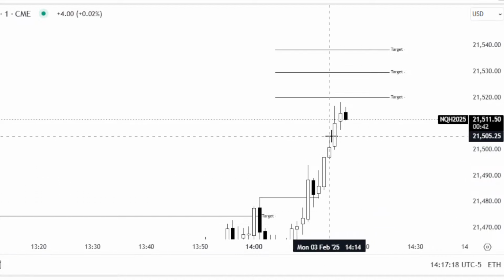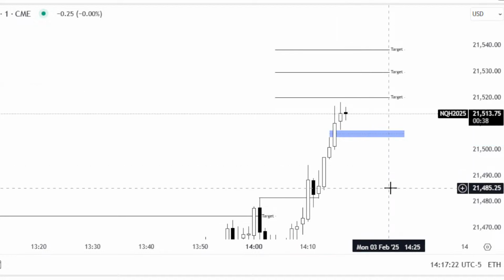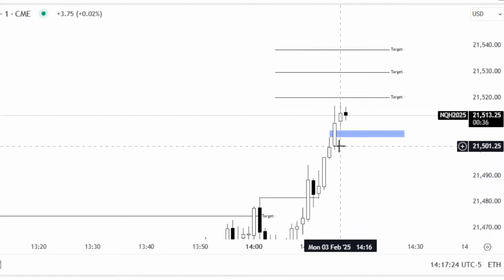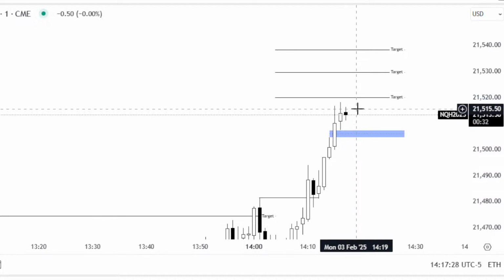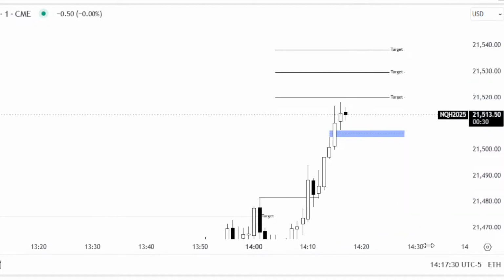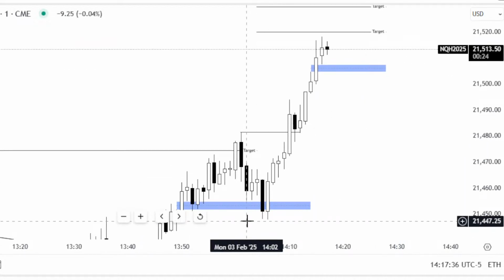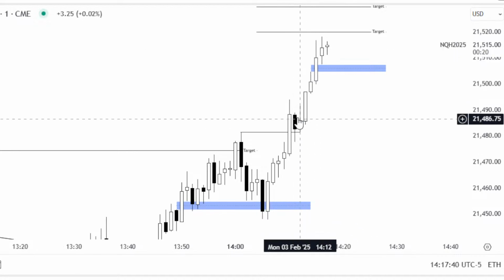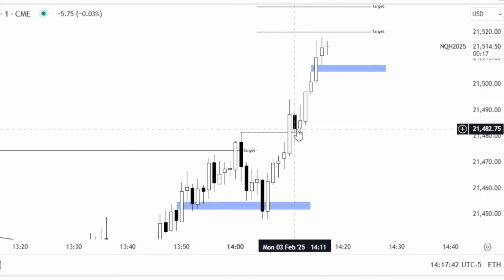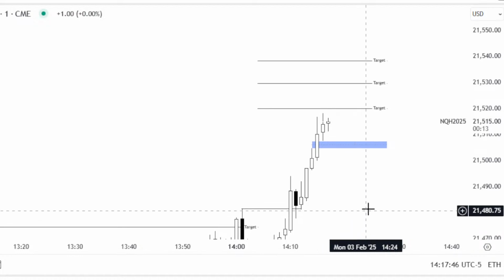Okay, let's keep an eye on this. I mean, we could see a black candle, white candle. Yes, the swing point, there's no low here, just continued, so it's pretty bullish right now.